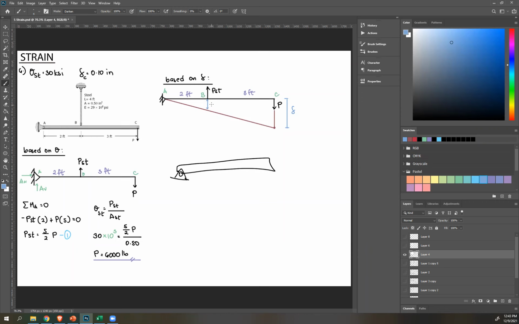Therefore, you can say that that is the deformation of your steel, okay? So this is your displacement of point C, this is the deformation of your steel rod. And you have a certain shape there. Again, the goal here is to relate this to the other parts of your system. Can anyone tell me what equation should I use to relate this to the other system now that we have this kind of drawing?